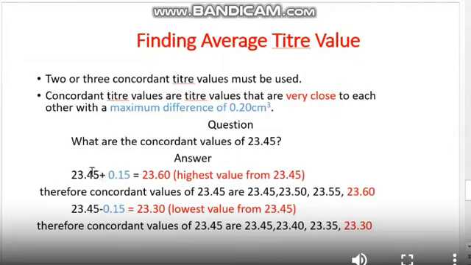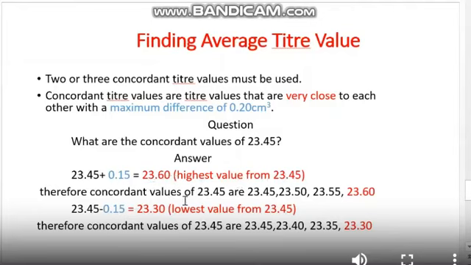So we add 0.15, which is the difference factor we are using. That gives us 23.60. So the highest value from 23.45 is 23.60.